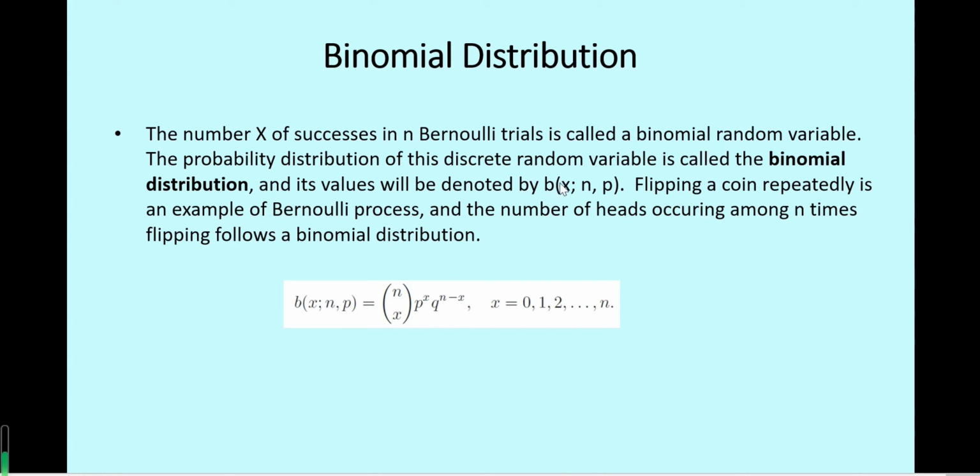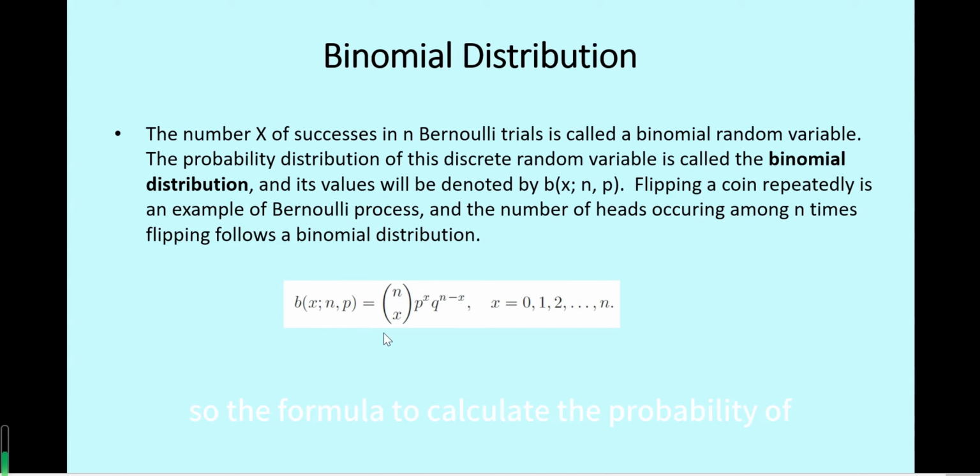X denotes this random number, N is total trials, P is probability of success in each trial. So for example, flipping a coin repeatedly is an example of a Bernoulli process. And the number of heads occurring among N flips follows a binomial distribution.